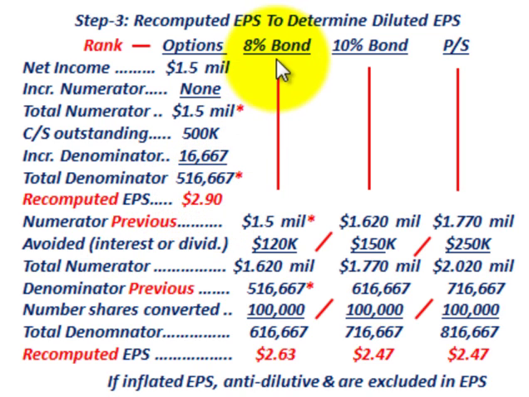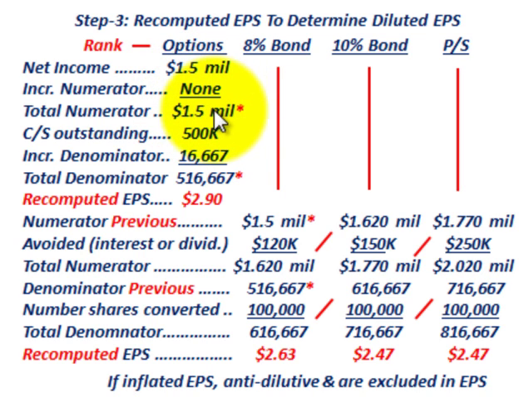Okay, so next thing. This is the key here. This is how we work it. We actually do one building on the other. So for our 8% bond, our numerator, we take from the previous security that we converted, that lowest one, our options. So our numerator for the previous one was 1.5 million.